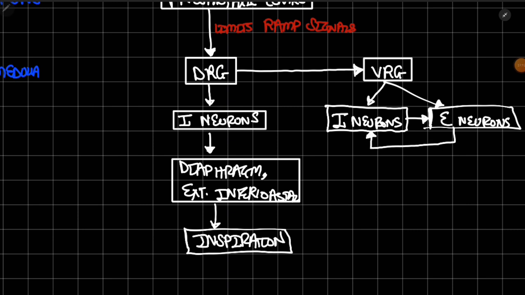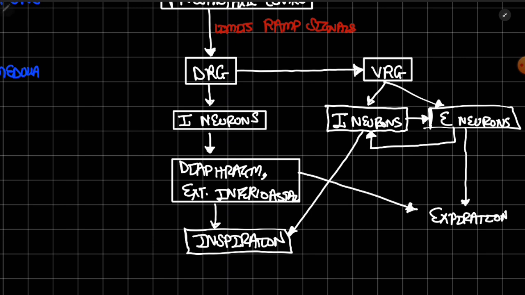This is a cyclic process. The I neurons cause inspiration, in this case a little forced inspiration, and the E neurons further cause expiration. Now the diaphragm and external intercostals relax, and this causes expiration. Let me write here: relaxation.